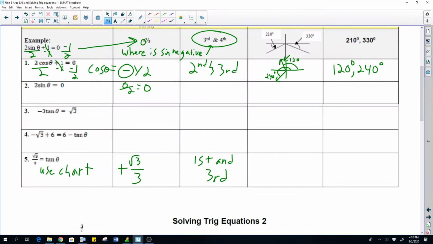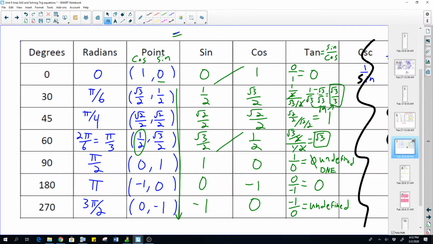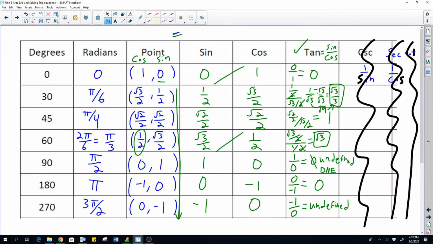Awesome. And then where is radical 3/3? Well, if we use our chart that we handy dandy made, let's look where tangent is. There it is, radical 3/3, in the 30-degree area, as well as the pi/6 area, where it's radical 3/2, comma 1/2.